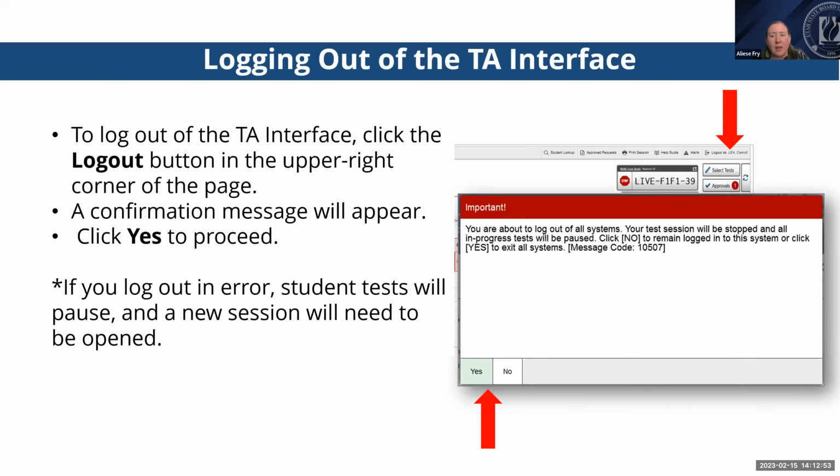Just know that student data is not lost when you do this. So if you end up closing it inadvertently, as long as you reopen with the same session, you're good to go. If you need to access another website while testing, we encourage you to open it in a separate browser window so that it doesn't interfere with testing that might be going on.